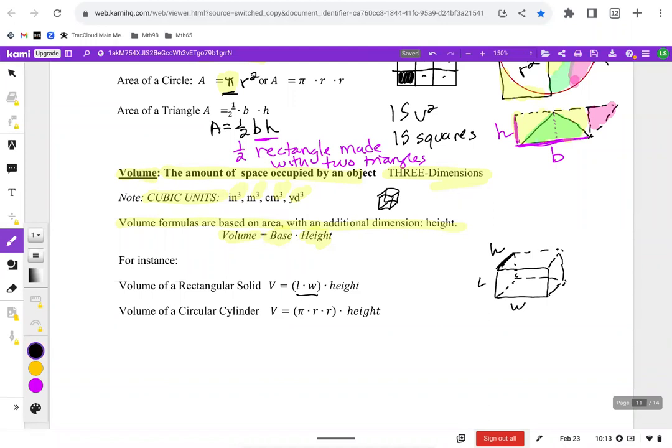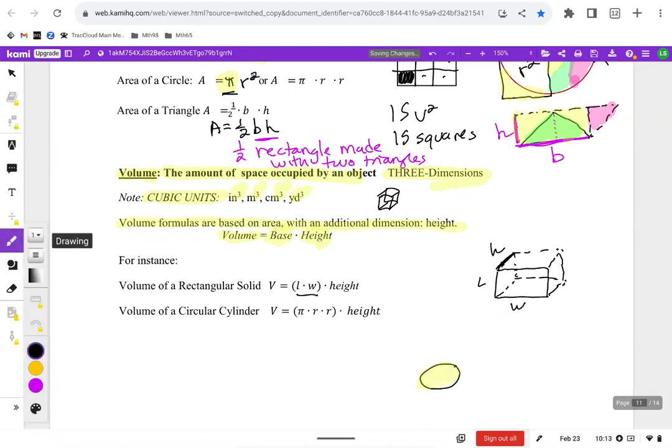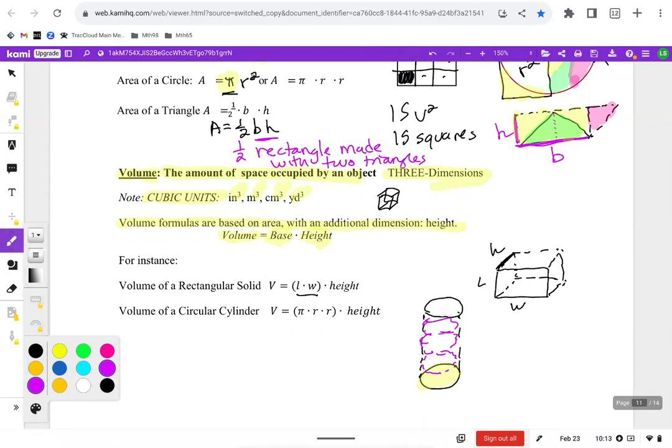Same thing with the volume of a circular cylinder. We find the area of the base, and then we're thinking about stacking up a bunch of these circles and seeing what the entire volume is.